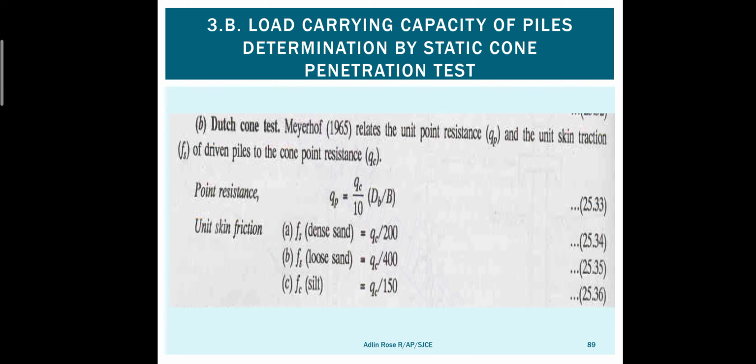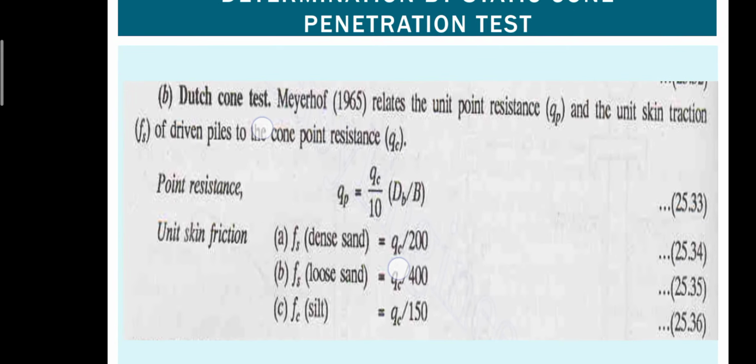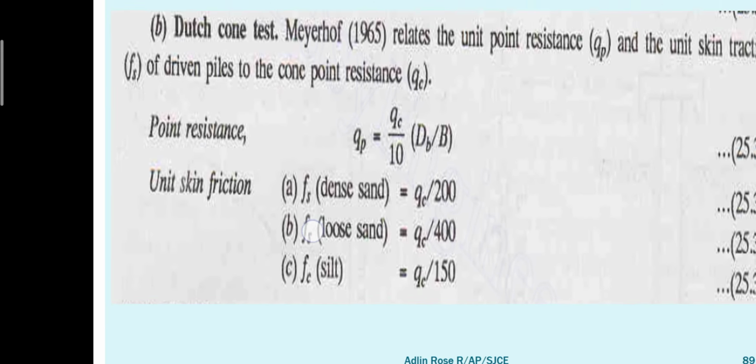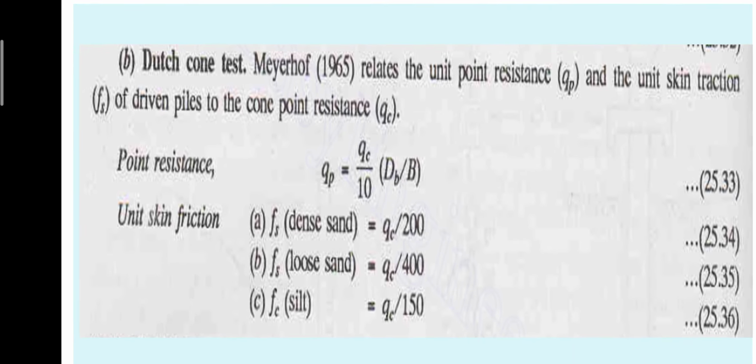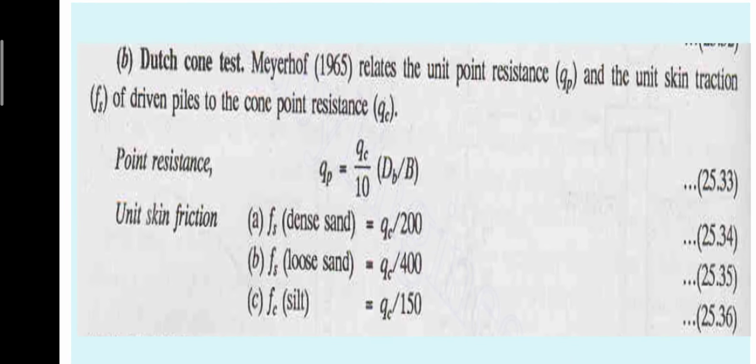This formula was proposed by Meyerhof, and the formula is qp is equal to qc by 10 into Db by B. And qc is nothing but the cone resistance obtained from the SCPT test.